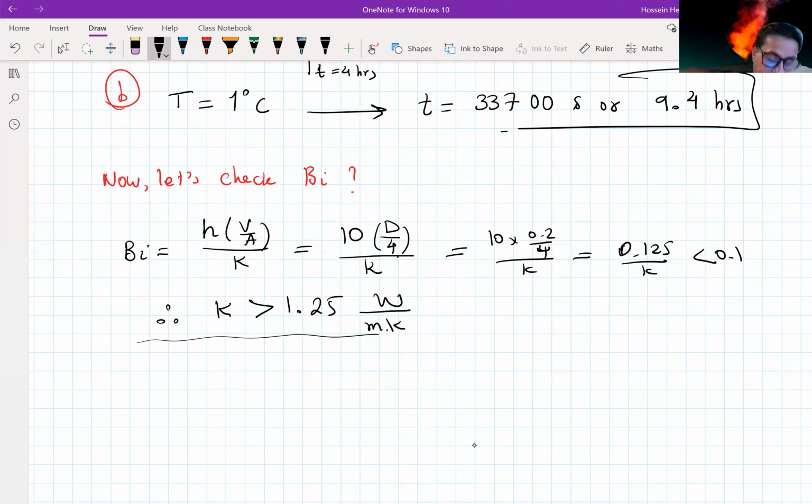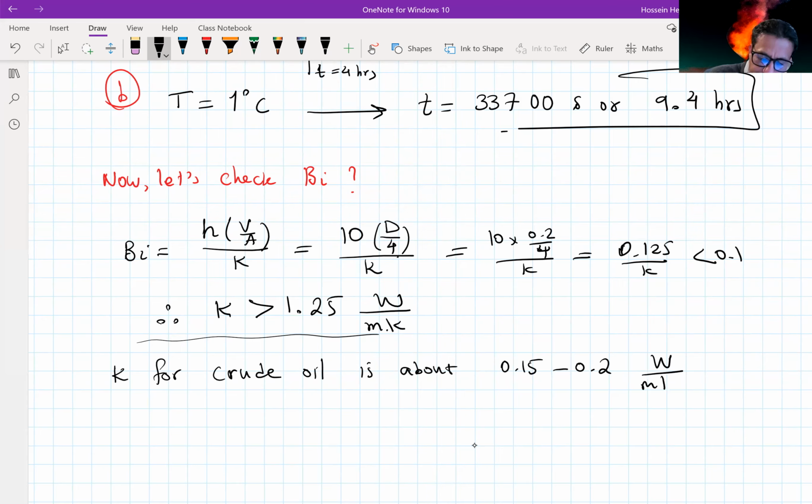Now let's assume we have gone to the lab and done the measurement, and we know k. It typically depends on the type of crude oil, but for crude oil k is in the range of 0.15 to 0.21 watt per meter Kelvin.